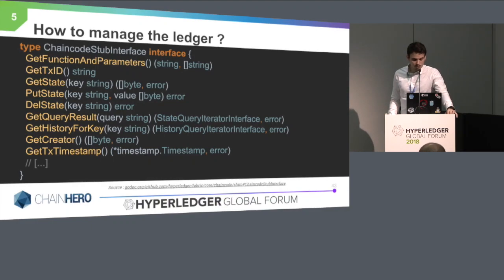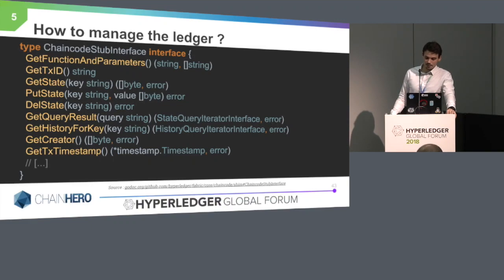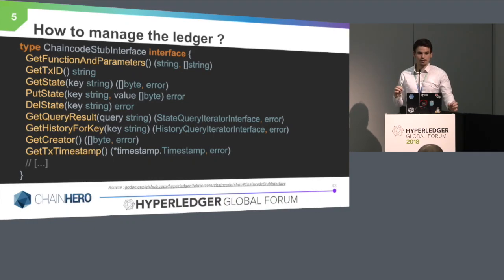The get history for key is used, in the scenario in the application you saw, for example, to get every detail of the resource in the past, when the resource was available or not.